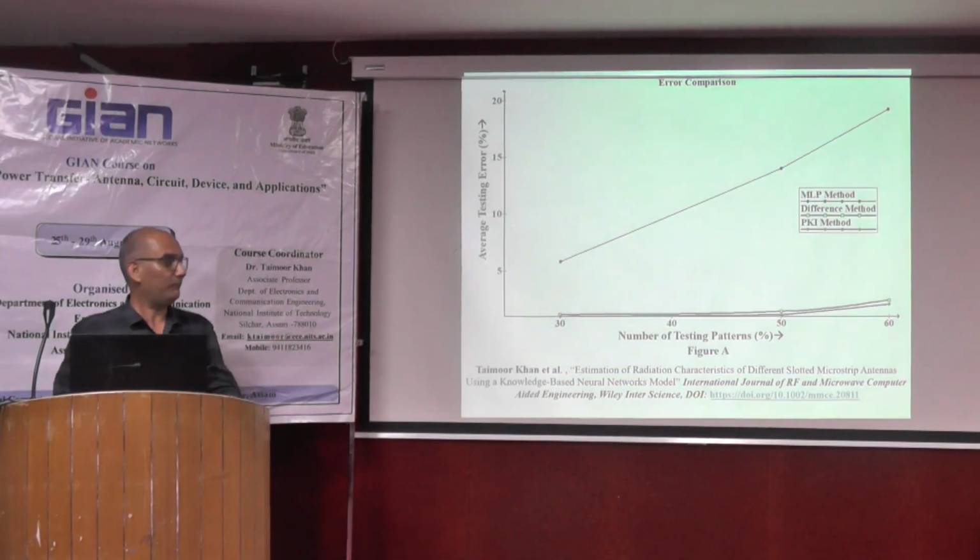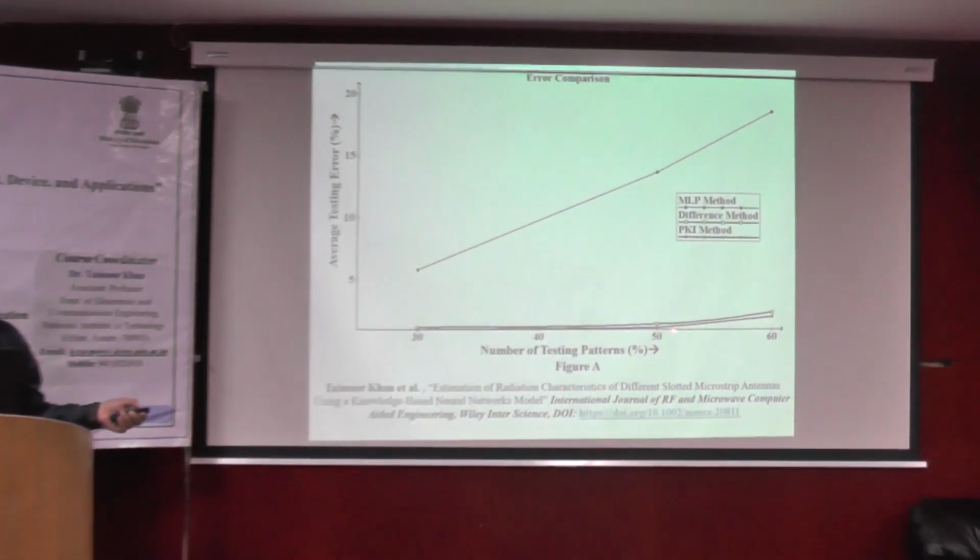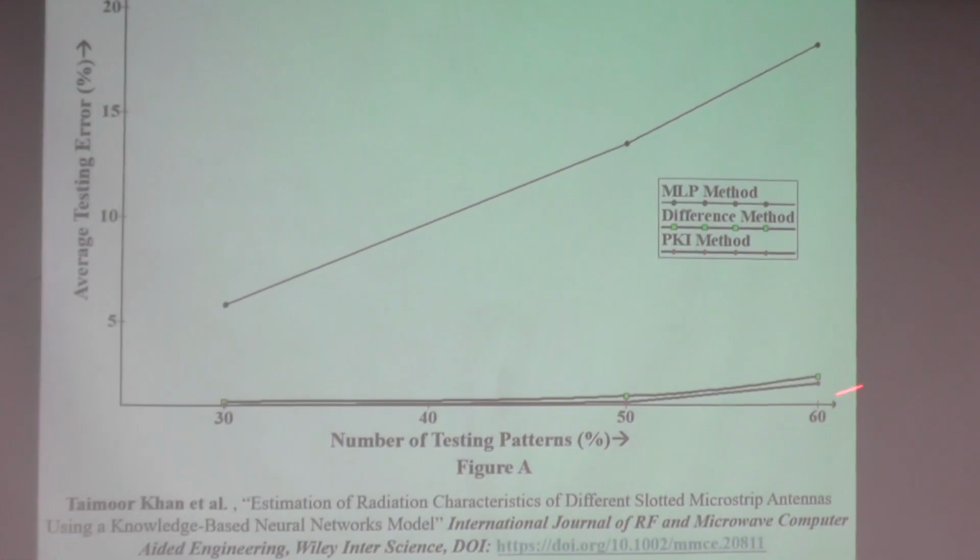Up to 50% is reasonable. If you go beyond that, it starts to increase again, and you will get very unpredictable performance after 60%. So it is fine from 30% to 60%, not beyond that.